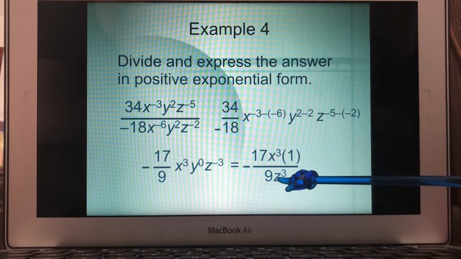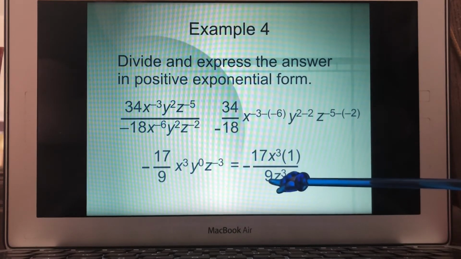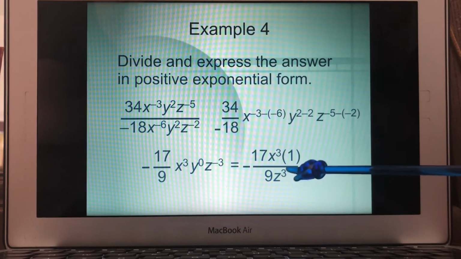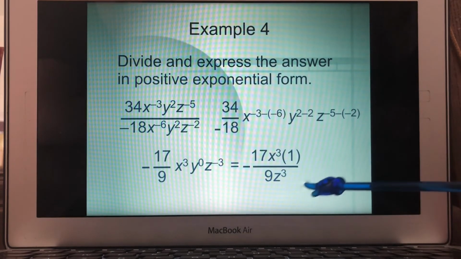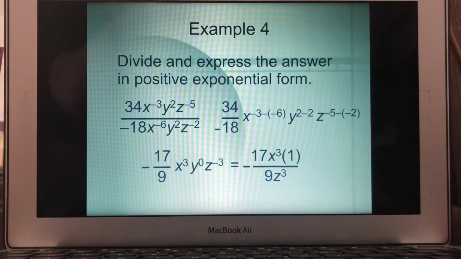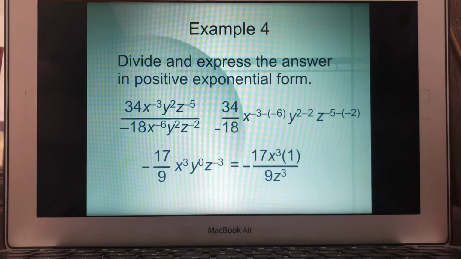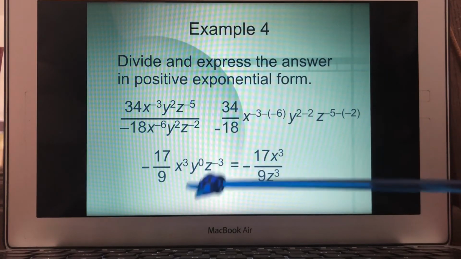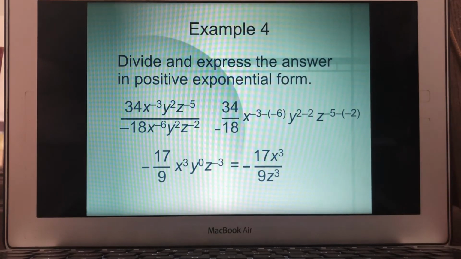So then this goes into the denominator. And then I have 9z cubed. And that's how this becomes a positive exponent. And then this is my final answer. Or you can simplify without the 1. And now this is my final answer.